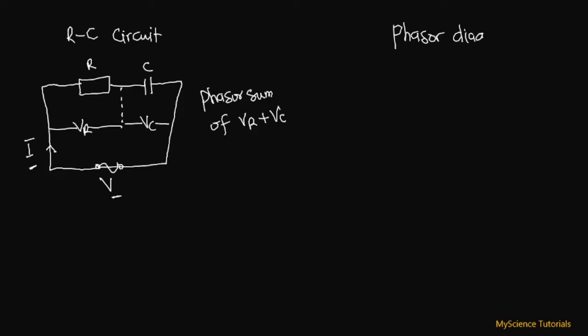The phasor diagram for this type of circuit is like this. We are saying the current is leading the voltage by an angle between 0 and 90 degrees. We have our current here, then from here to here is our resistive voltage, VR, and all the way from here down to here is our capacitive voltage, VC.